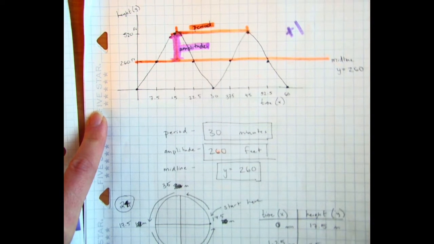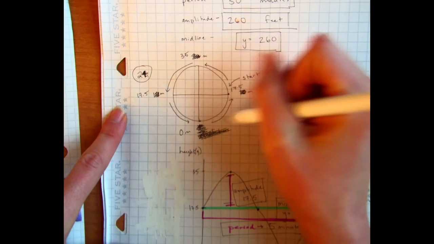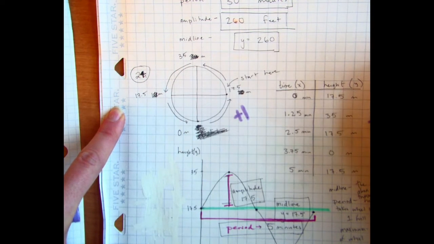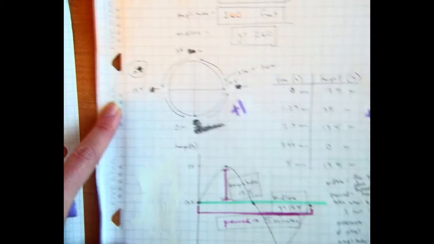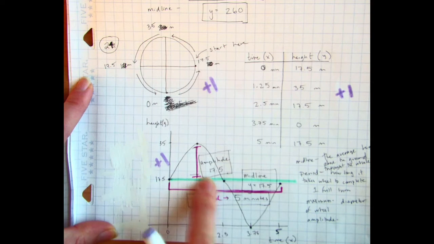Same thing for 24, you're going to give your partner 3 points in total: 1 point for the picture, the diagram, 1 point for the table, and 1 point for a labeled graph that has the amplitude, period, and midline labeled.